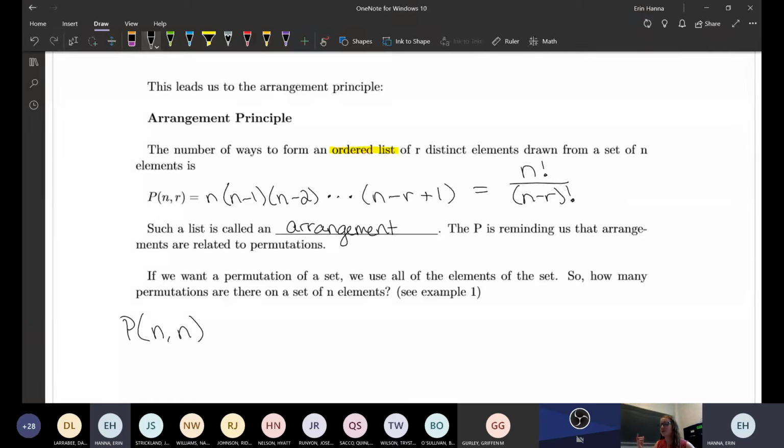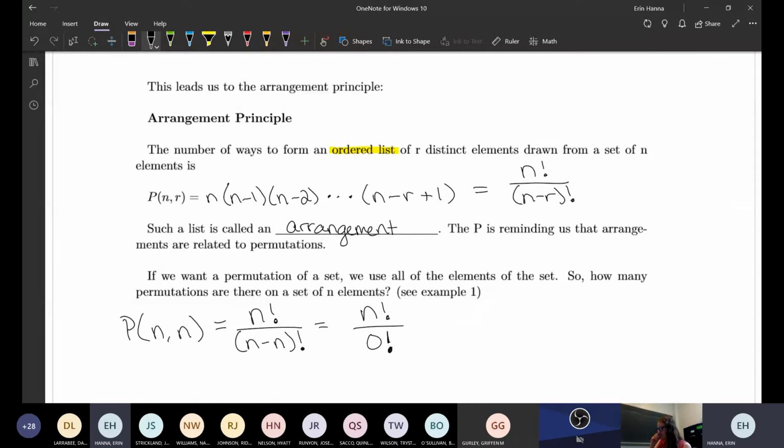So if we want an actual legit permutation, we would have to take all of those elements. Using the relationship we just found, this would be n factorial over n minus n factorial. So we'd have n factorial over 0 factorial.